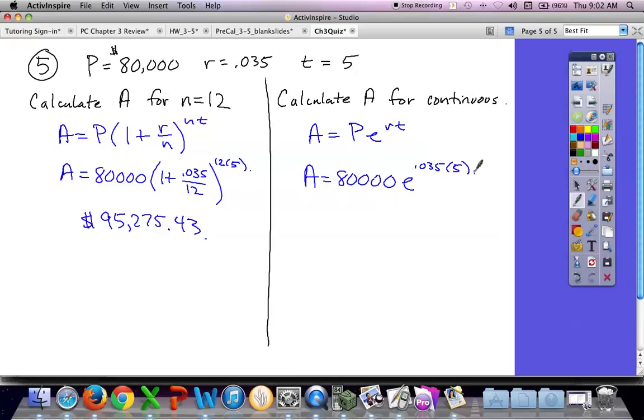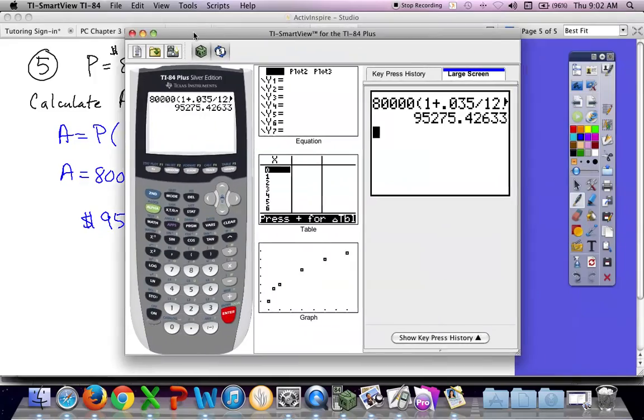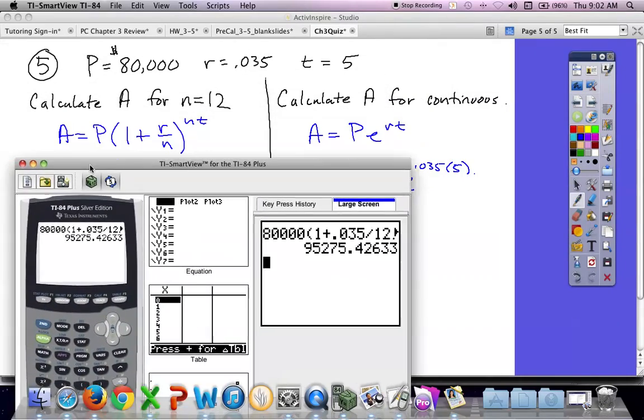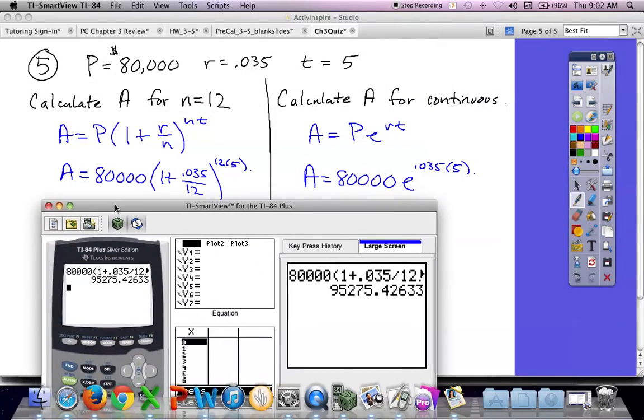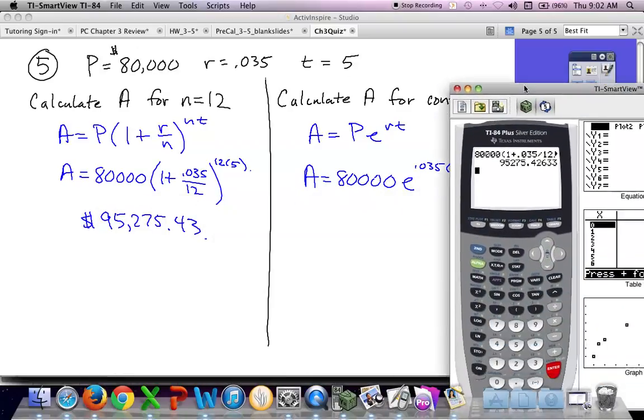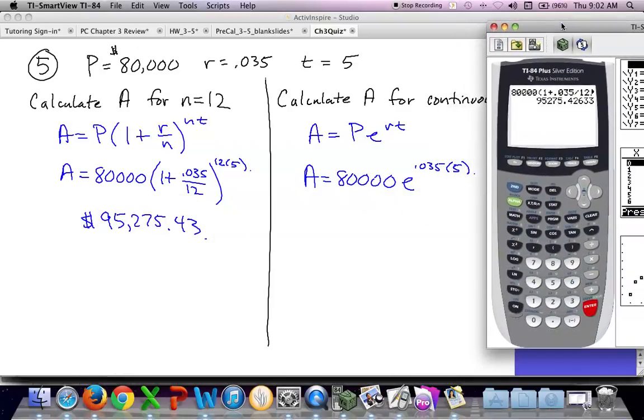And again, I'll put it in the calculator. I'm not going to be able to see all that. Maybe I'll go like this. I can at least see the keyboard for now. 80,000, and I'm going to use the e to the x, which is on the ln button.